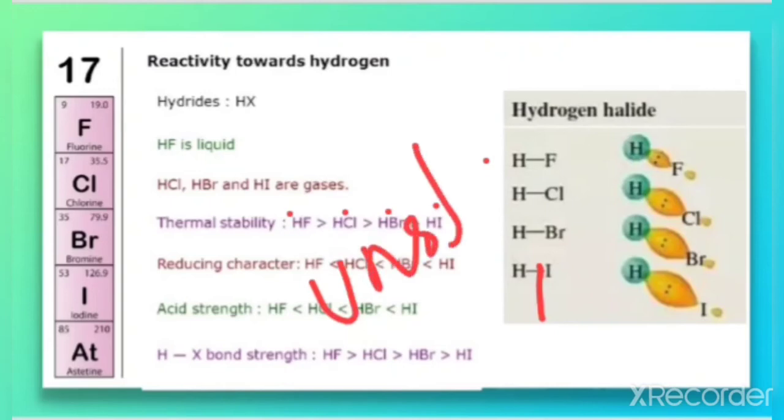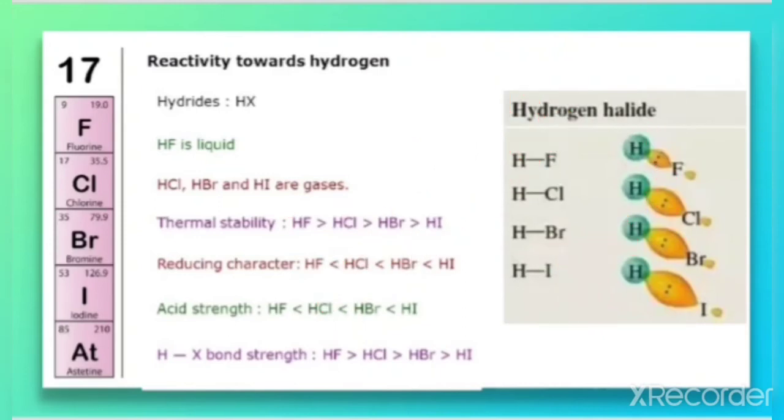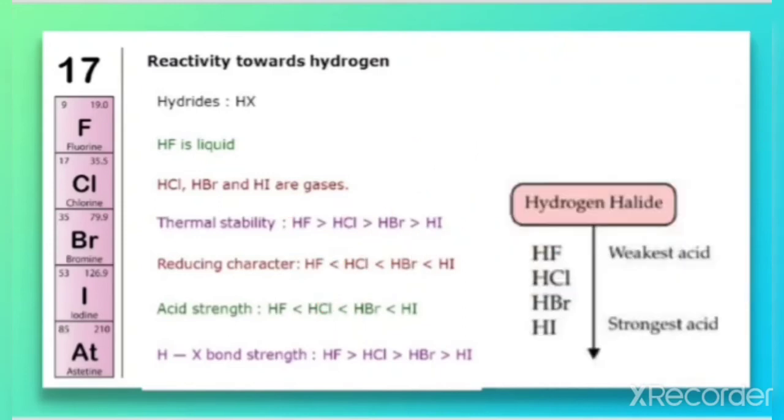The one where the bond breaks very easily, that is unstable, and so it is more acidic. So we can say that the acidic character of hydrogen halides increases down the group. That means HF is the weakest acid, but HI is the strongest acid.